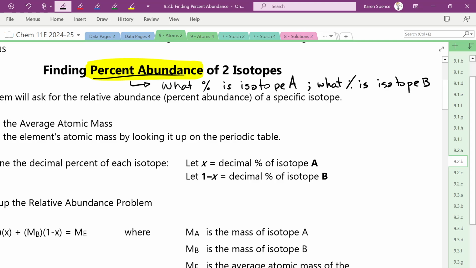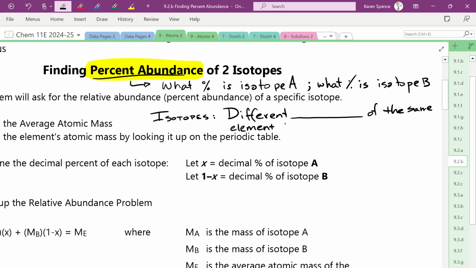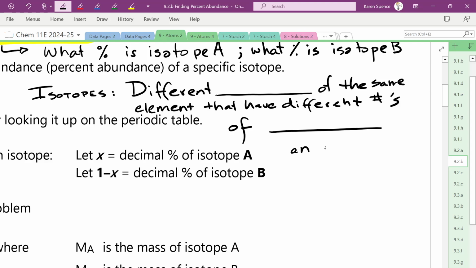What are isotopes? Tell your partner, what are isotopes? Okay, so isotopes.